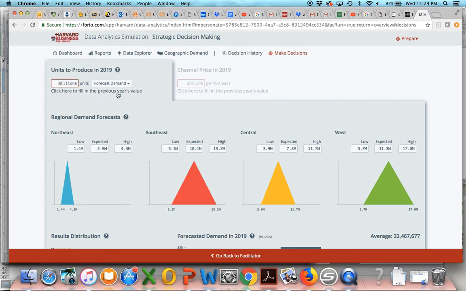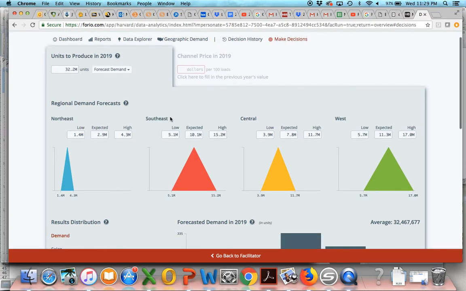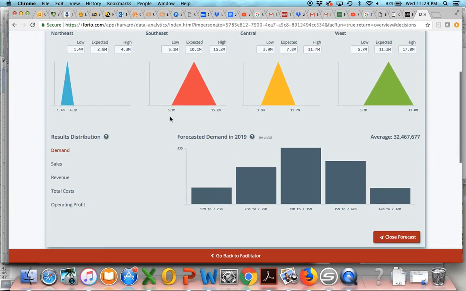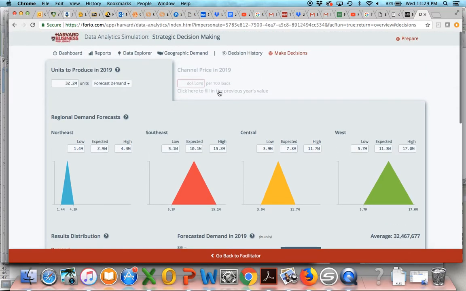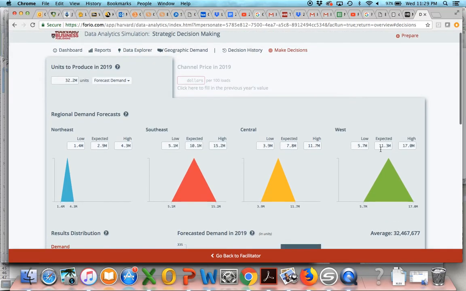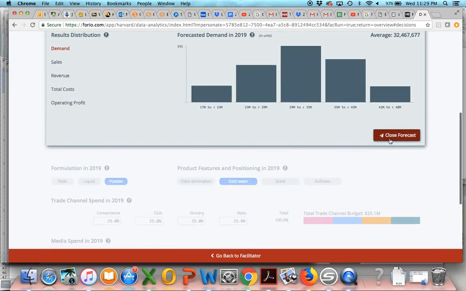And if you have no idea what to do, it says click here for the previous year's value. So that's how much you made last year. It might be too much, might be not enough, might be just right. But that's one of the things you're going to have to figure out along the way. So you get a little more information here as well. Oops, let me close this.